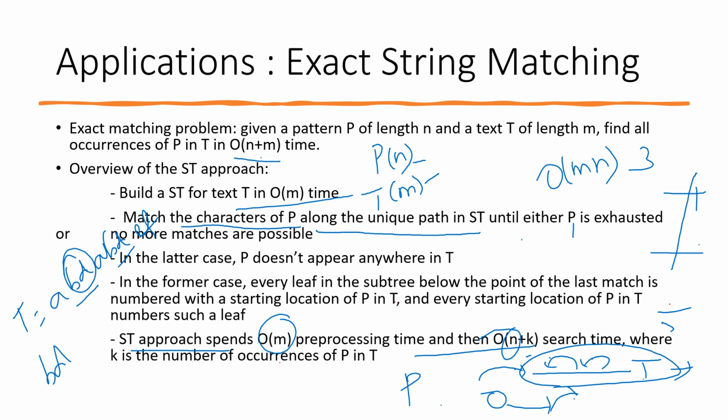For multiple occurrences, it will take time again. So if we have 2 occurrences, it will take O of n plus 2. Anyways, it will be O of m plus n, in linear time. So suffix trees help us to get this done in O of m instead of O of mn.